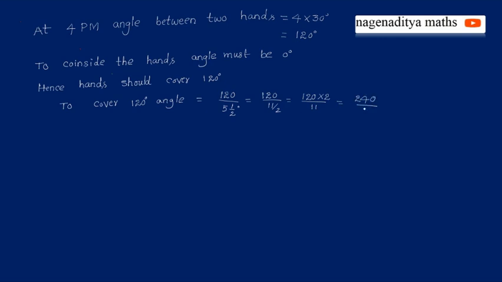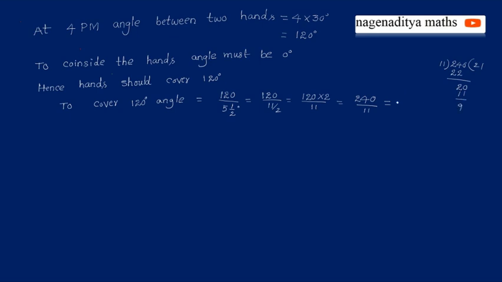If you divide 240 by 11, 11 into 240, 2 times 22, subtracting we get 20, and again 1 time, remainder 9.